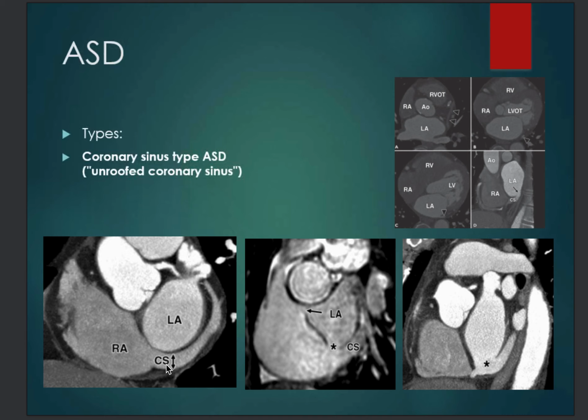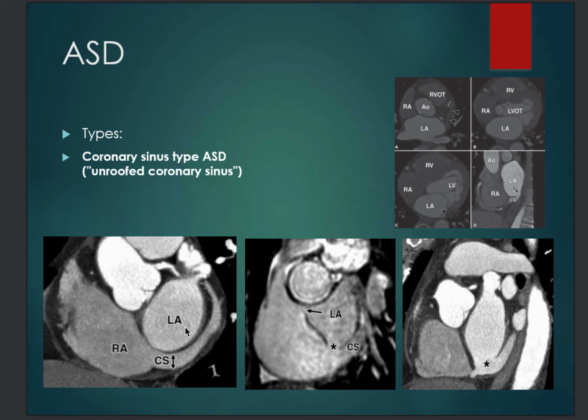Then the coronary sinus defect. The coronary sinus usually runs below the mitral valve. So whenever you identify the mitral valve, go below it, and you would be able to see the coronary sinus draining to the right atrium. The communication could be partial, or the whole roof could be deficient.